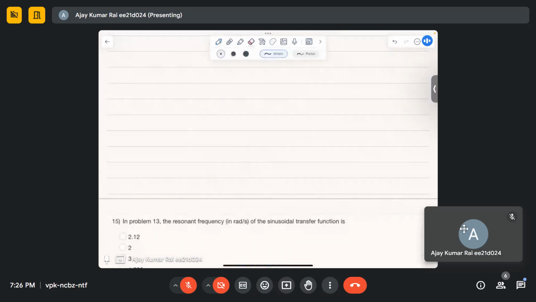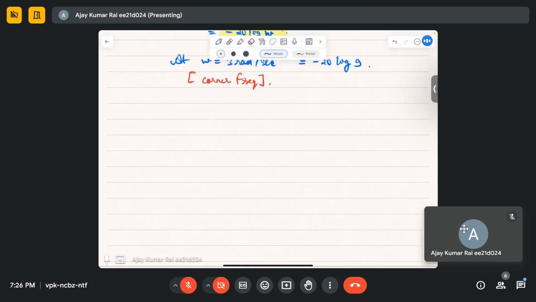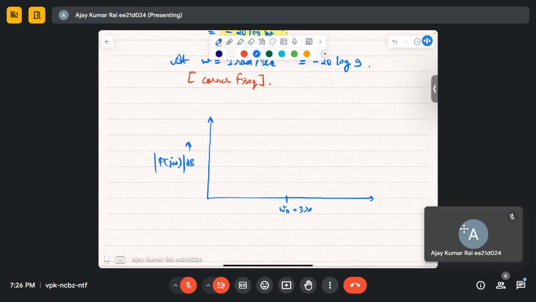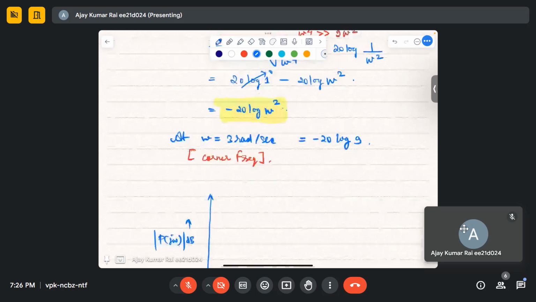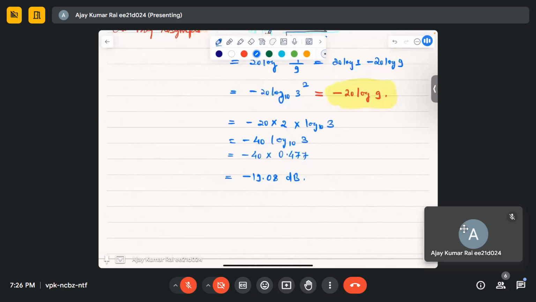Roughly I will draw the magnitude of the transfer function. This is in dB, and omega n equal to 3 radian per second. Initially what is the magnitude?